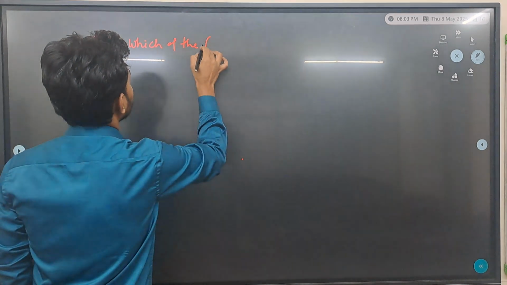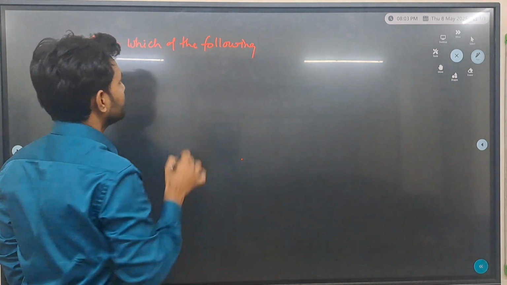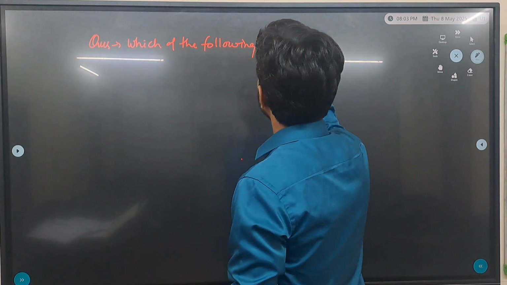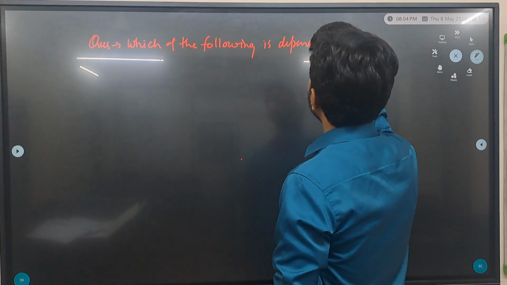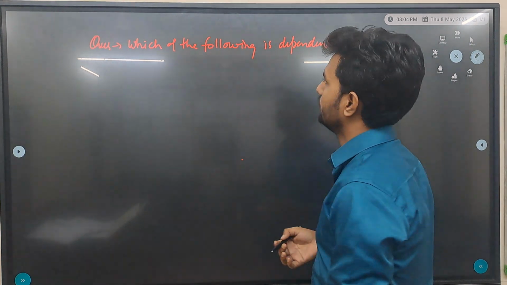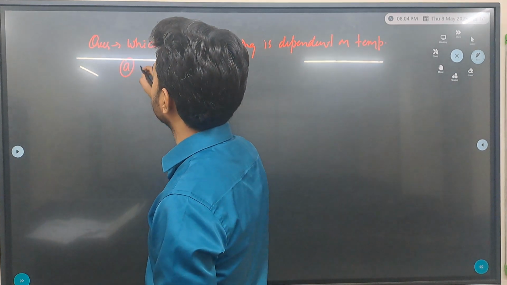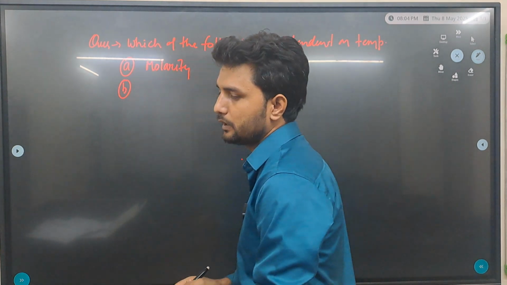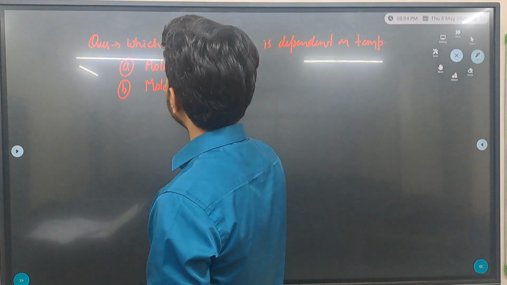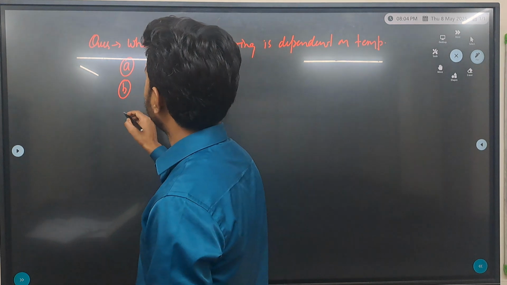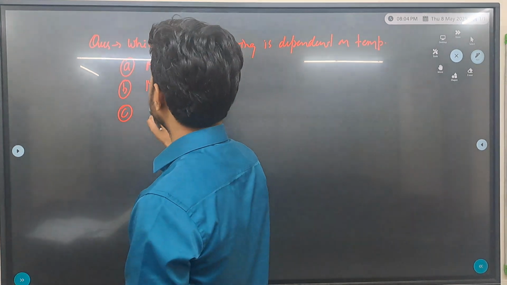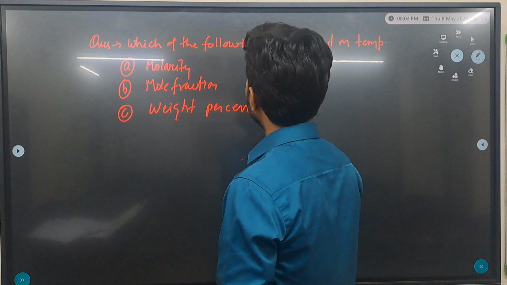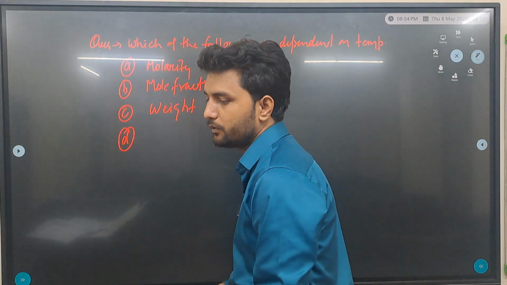Option first was molarity, second option was mole fraction, third option was weight percentage, and fourth option was molality.